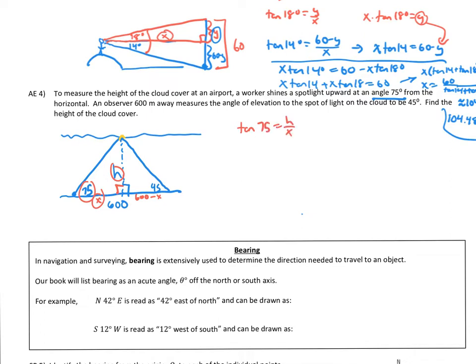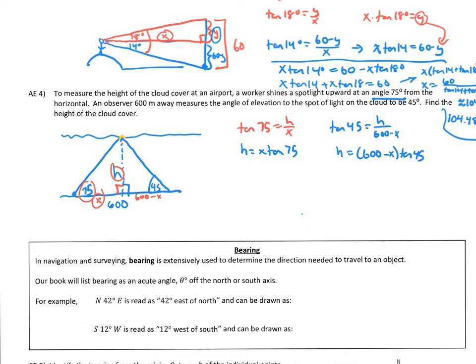And then in the other situation, let me go ahead and make that one blue. We would have the tangent of 45 would equal h over 600 minus x. And solving just like we did before, h is x tangent of 75, h is 600 minus x tangent of 45.